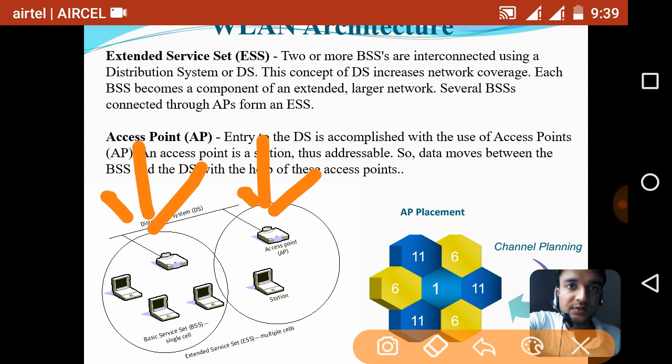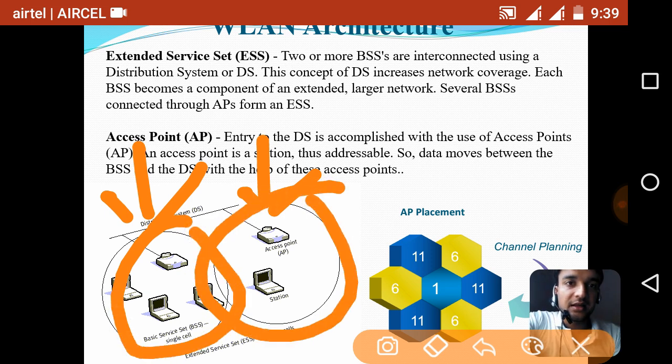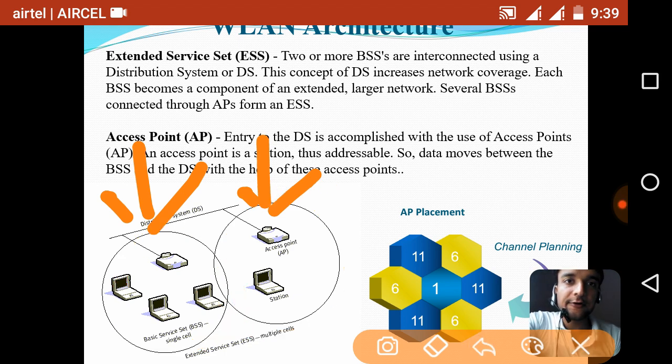What are these access points? These access points are actually the routers which are generating radio signals. In one access point's coverage area, there are three laptops connected, and in the other there is one laptop connected. But see, these regions are overlapping. And this is called the extended service set.